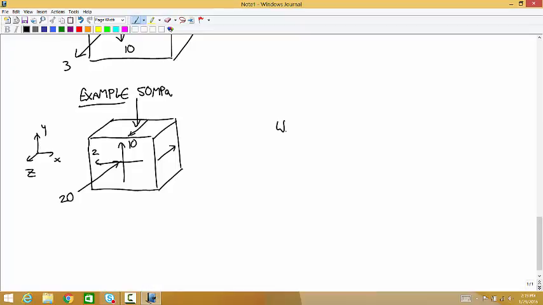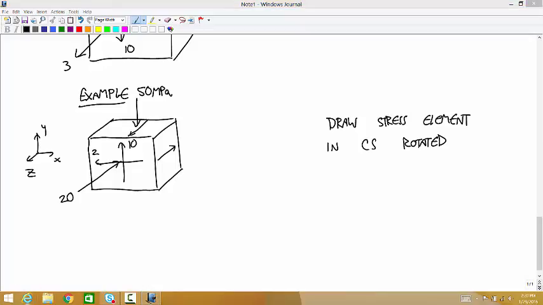And we want to draw the stress element in a coordinate system rotated plus 30 degrees about the z-axis.